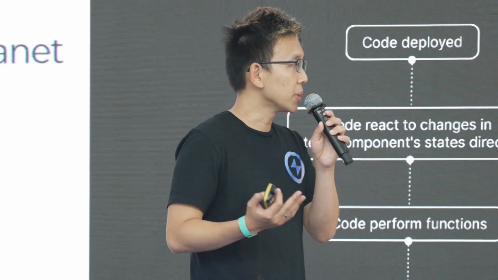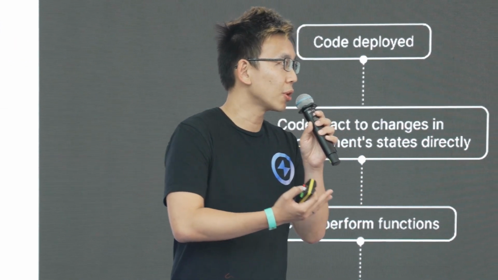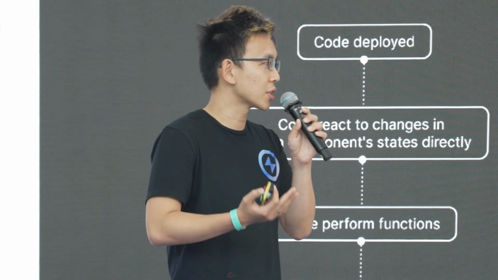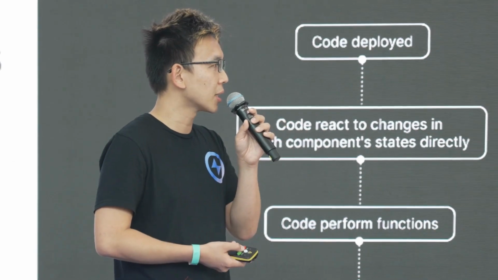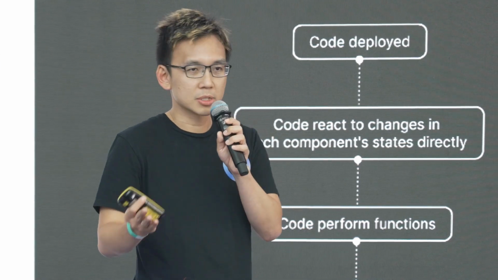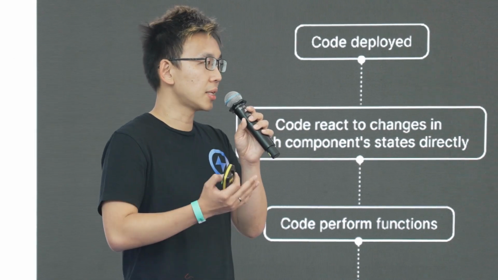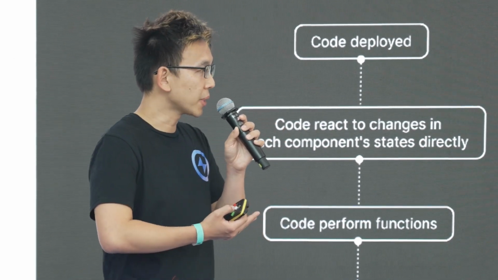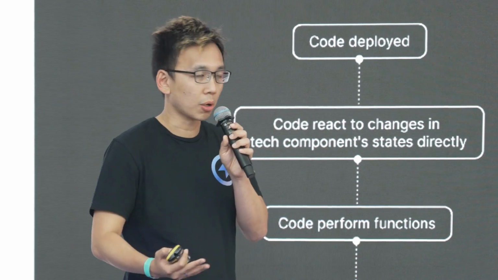So the code that's deployed on-chain cannot respond to on-chain events, cannot take the data, cannot respond across blockchains. The blockchain data has to be taken off-chain and then standardized. The standardized data has to feed to a Web2-based code, built under some other code languages, that will respond to the data. And the Web2-based code will then perform the functions by reconnecting back to Web3 nodes and so on.